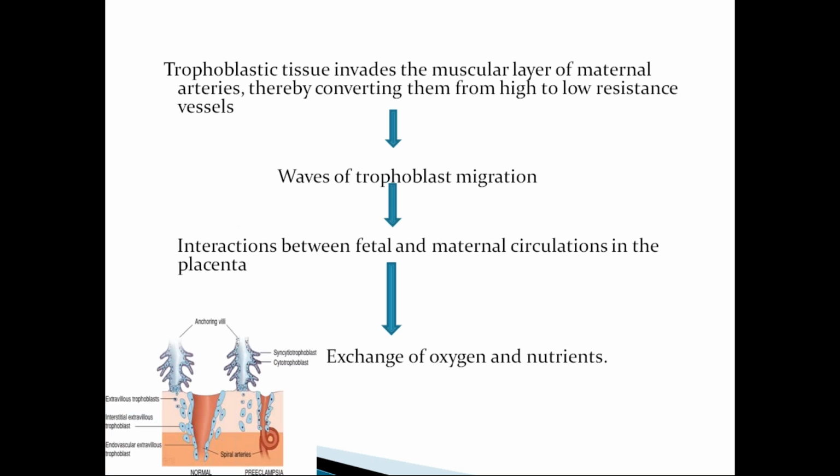So what happens in normal conditions? The baby receives blood supply from the uterine artery, then it goes inside the uterus: arcuate artery, radial artery, spiral artery. The villus invades toward the myometrium, so there is interaction between placenta and myometrium.